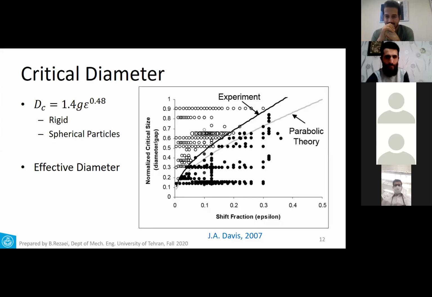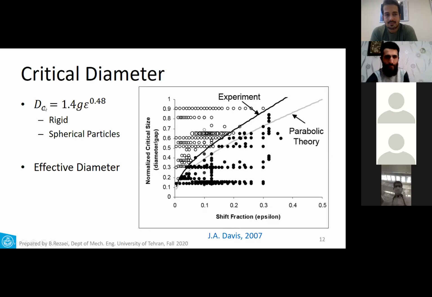There have been a lot of trials, a lot of simulations, and maybe some formulas for the critical diameter. As I've already told you, I'm not going to enter the physical basis of this phenomenon. I've just brought this diagram, and maybe it is the most well-known diagram for the critical diameter.